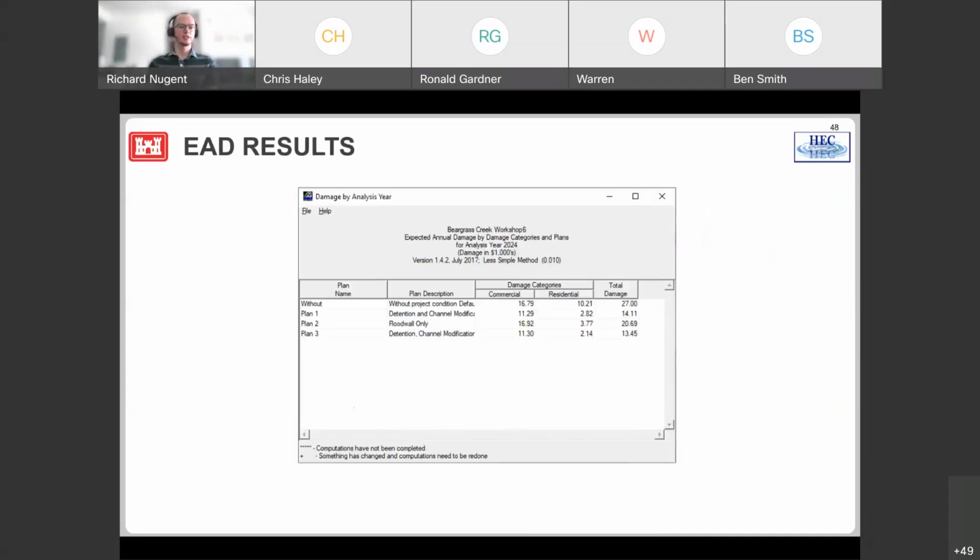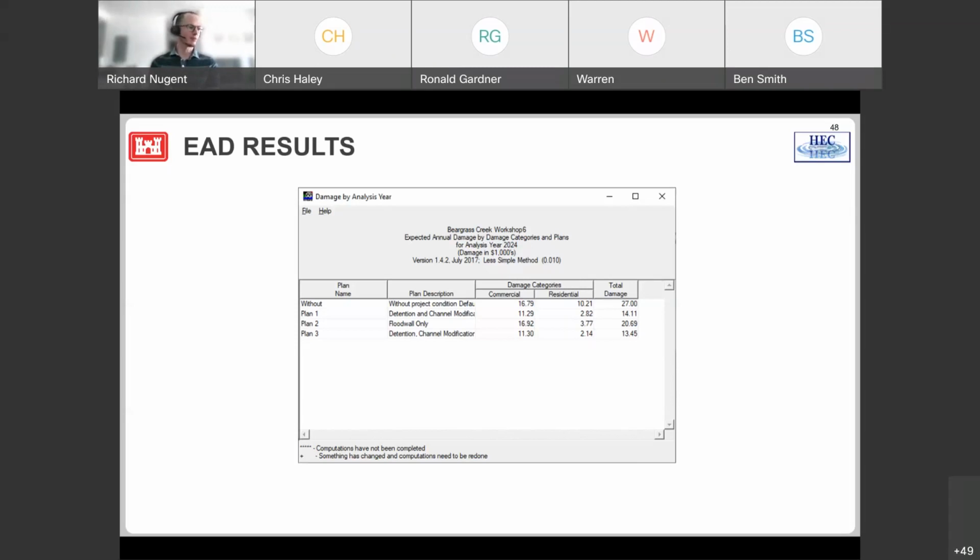Once that is done, we can look at our results of expected annual damage in HEC-FDA. We have specified all of our input relationships. We have clicked evaluate plans by analysis year. Now we can look at expected annual damage. This is one of the reports we'll get out of HEC-FDA.